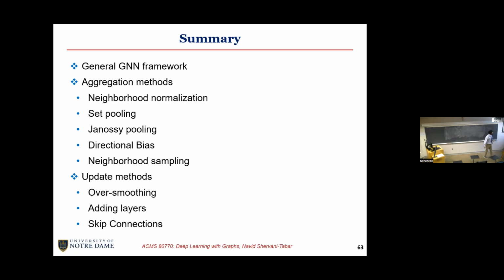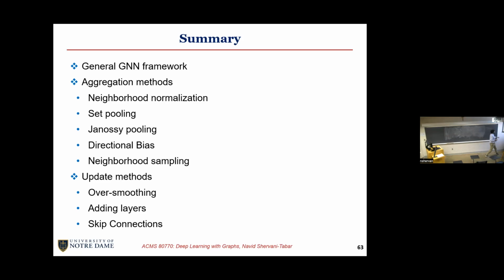and then we were averaging over all those in order to construct our message. Then we looked at directional biases, where for each neighborhood, we were learning some attention coefficients for each edge incident to that node in order to see which neighbor is of higher importance for constructing the message for different nodes.